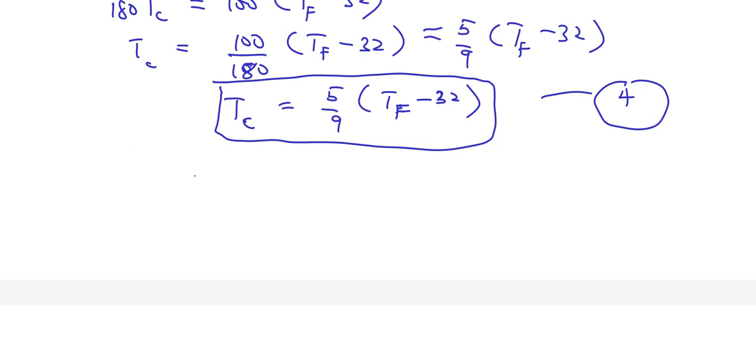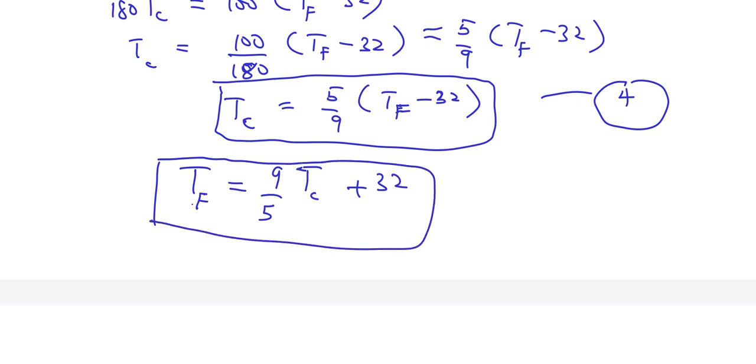If you make it the subject of the formula, you obtain that the temperature in degree Fahrenheit is 9/5 the temperature in degrees Celsius plus 32. Please take note here: in this equation 5, the TC, temperature in degrees Celsius, is multiplied by 9/5 before being added to 32.